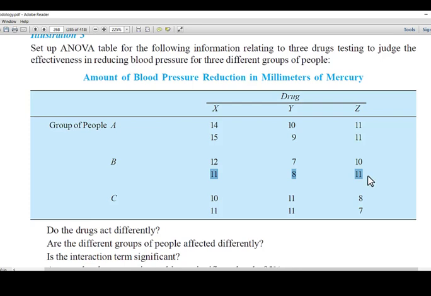And these are related to group C, when X, Y, Z are employed on them. And when repetition is done on the same group C, the reductions in blood pressure units are given here.